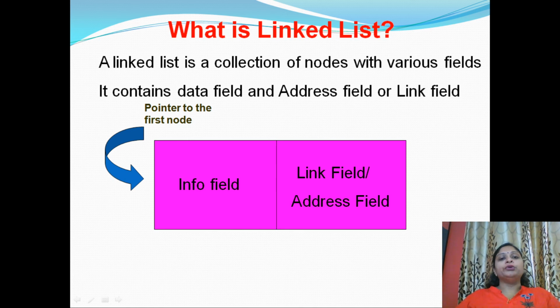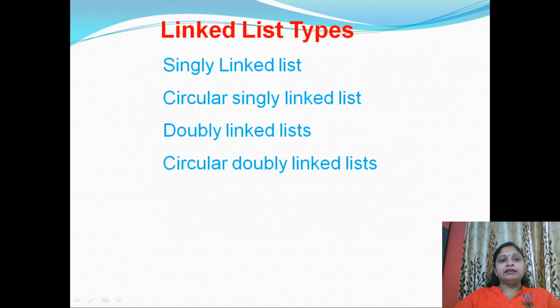As I told you, a linked list is nothing but a collection of nodes, and this diagram is showing you only the structure of a single node. Okay, so in this linked list we can have 10 nodes, or 20 nodes. So after this particular node, whichever node is coming, the second node, I am going to store the address of that node in the address field. This is how we store the values in a linked list.